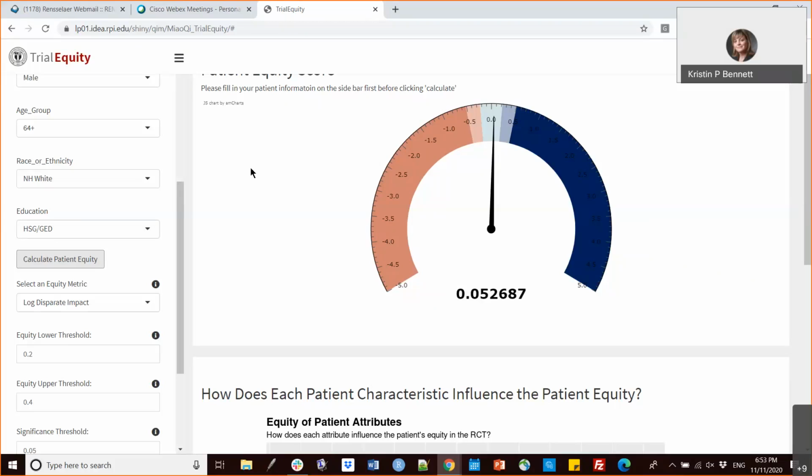I have another question, Miao, regarding the comparison. How do you compare the study data to that of the patient? Do you do a sort of roll up of the data?